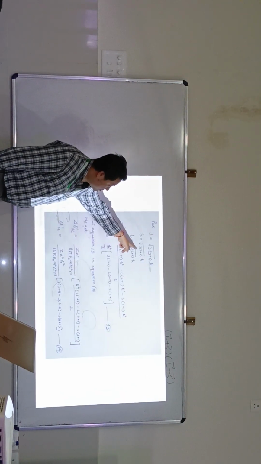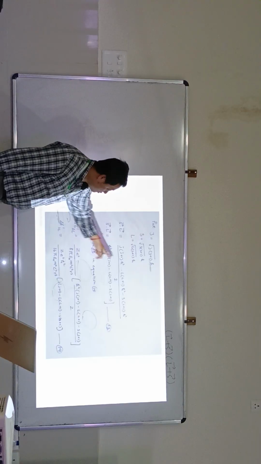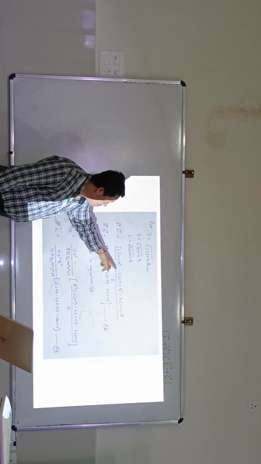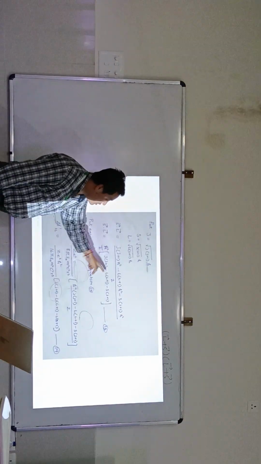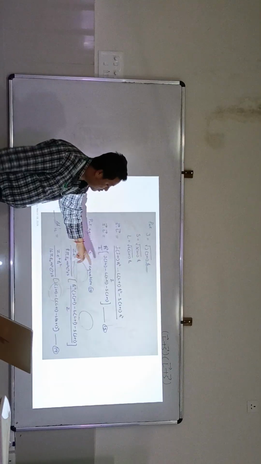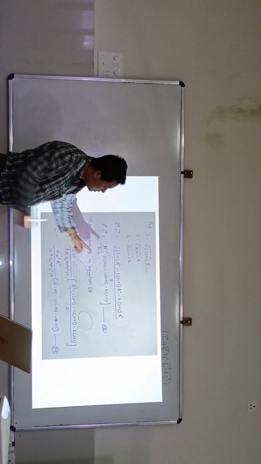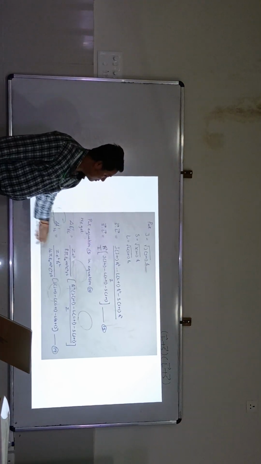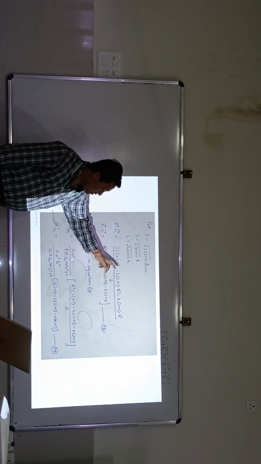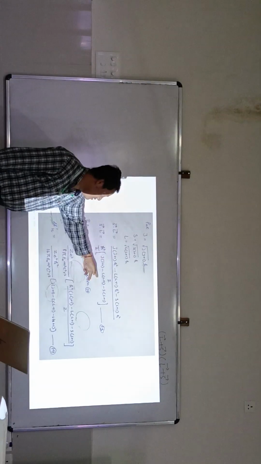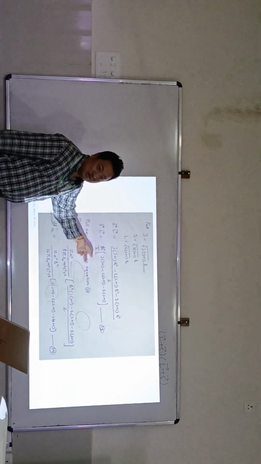The square here is J plus 1, not J plus I. Then you simplify this. The h cross square is common, and you get this equation 30.